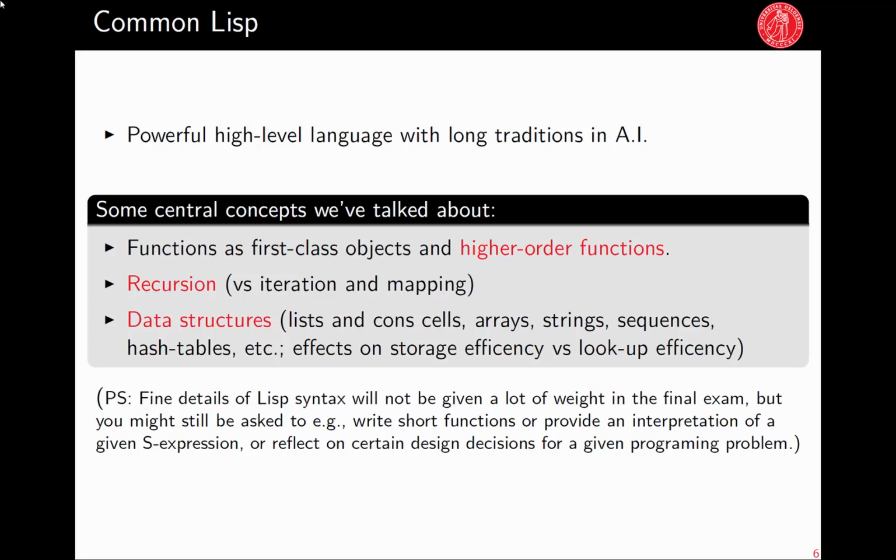We spent quite some time talking about recursion, different ways of writing recursion, so ordinary recursion or what we call tail recursion, and comparing that to constructs like loop or dolist, special constructs for doing iteration. And of course data structures, which I also talked about in the previous slide. Data structures is the part about the implementation language that has popped up every now and then in the lectures, also after these first two dedicated Common Lisp lectures.